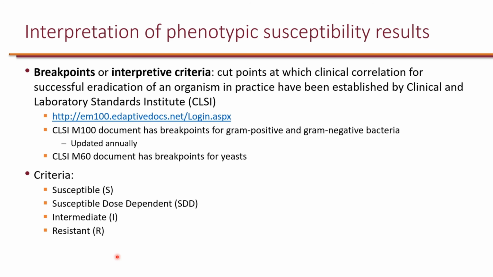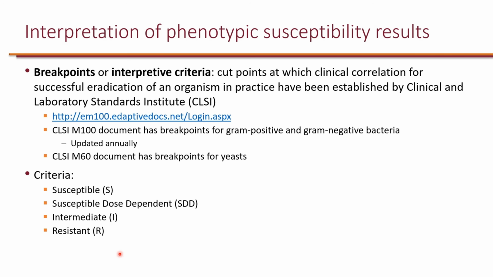Now, when you get your MIC results, or if you get results from disk diffusion, what they really tell you is that those MICs are essentially in a test tube or on a plate, which we call in vitro, meaning it's not inside a living host. Although we know there is a minimum inhibitory concentration, that doesn't necessarily mean that we would be able to achieve that concentration inside the patient's body.